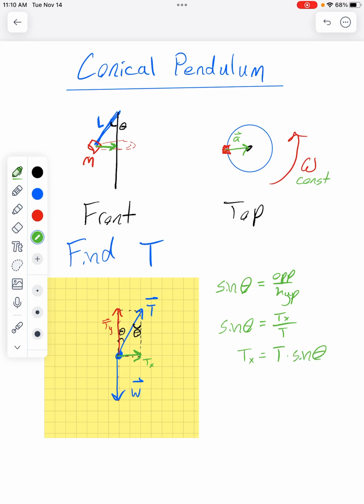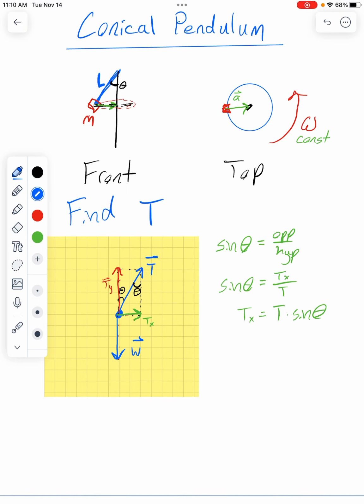There's one more geometric thing we need to do, and that is to figure out the radius of the circle, because this is the length of the chain, and this is the angle that the chain makes. So what is the actual radius of the circular path that it's making? Well, let me redraw this picture a little bit. So here is, it's not an arrow though, because this is the chain. This is not the tension vector.